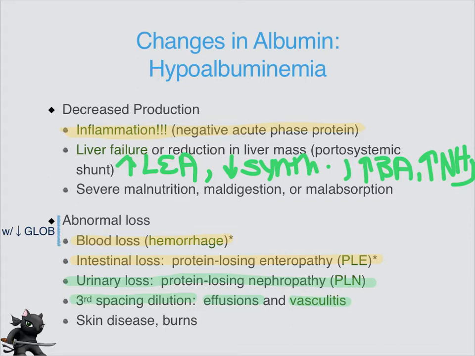So here we go. Inflammation, liver failure. Are we failing in the liver? Are we losing it out the kidney? Are we losing it out the gut? Are we bleeding? Is there a third space dilution going on? This last one down here, skin disease and burns, is something to keep on your list, but I will tell you, in my time in clinical practice and even in the emergency clinic, I saw this very, very rarely.